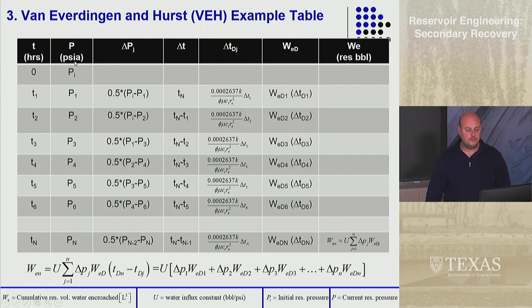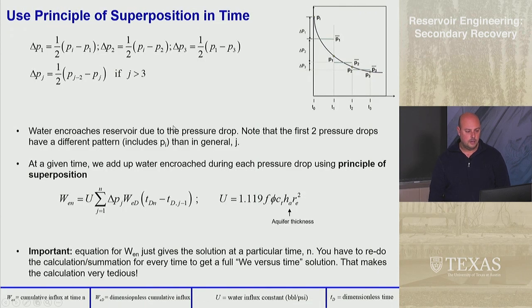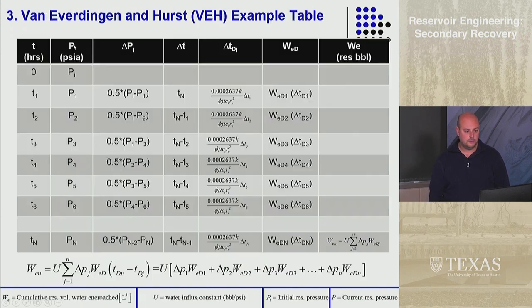That's the data you're given. Then what you do is you calculate your delta Pjs using these equations. Then you calculate your delta T, which is given here. It's going to be your Tn minus T0, Tn minus T1, Tn minus T2, etc.